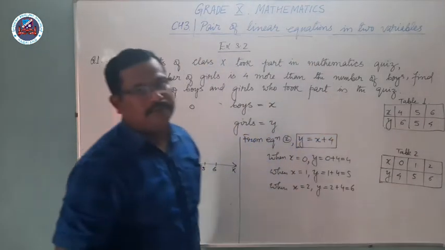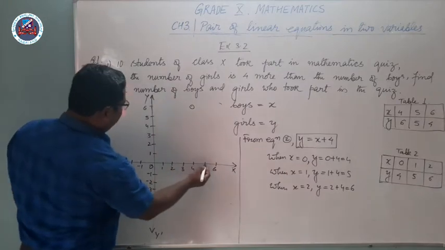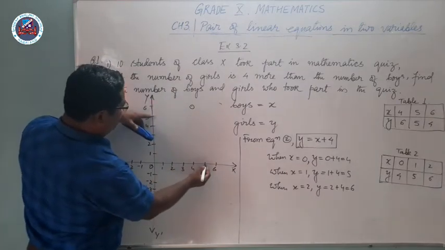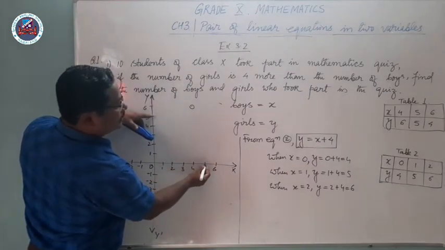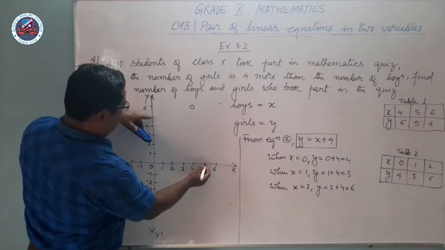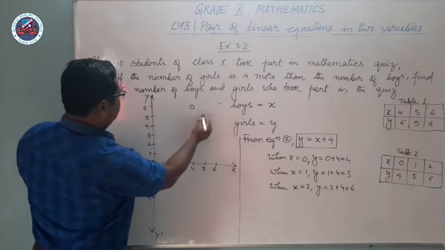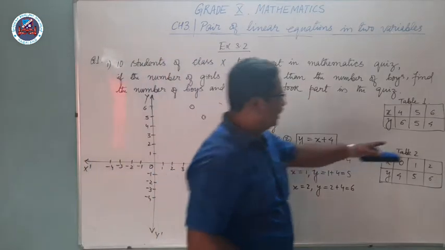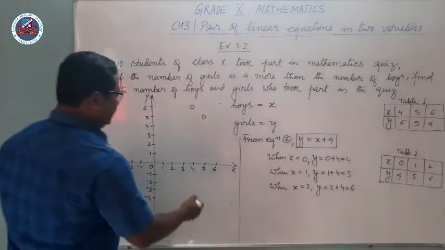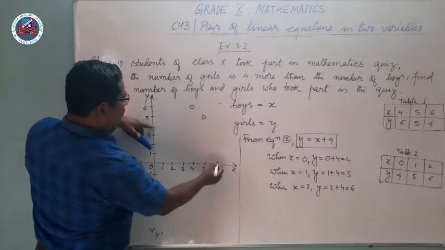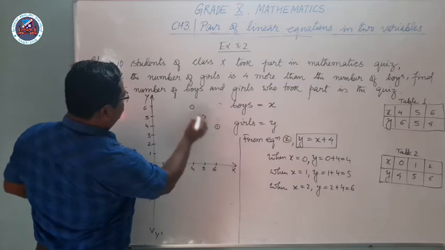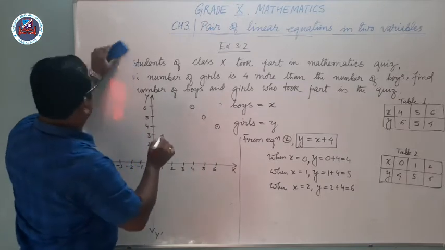When x is 5, y is 5. X is 4, y was 6; x is 5, y is 5. So it will come down like this, somewhere here. And then x is 6, y is 4, coming down. So the graph will be here somewhere. I'll have to wipe the question.